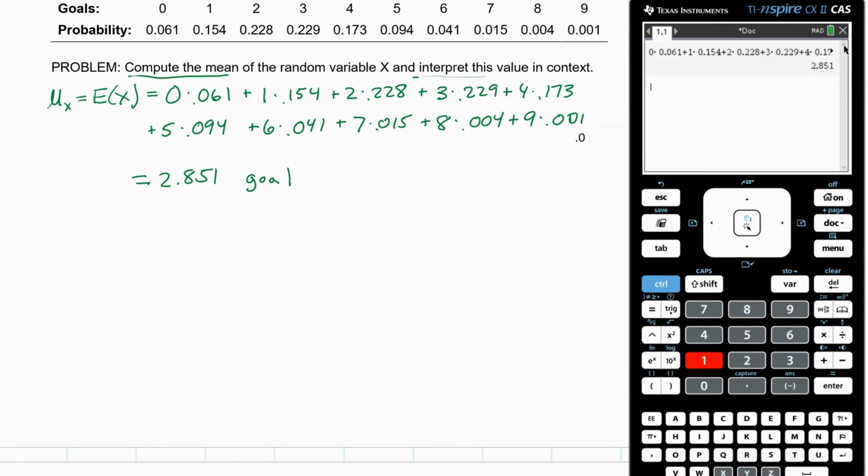But it also asks us to interpret this value. Well, what does it mean to interpret this value?